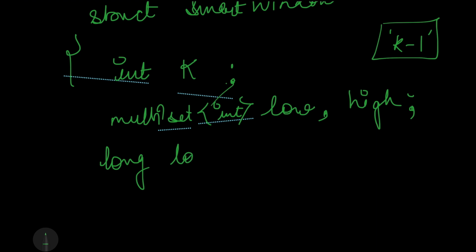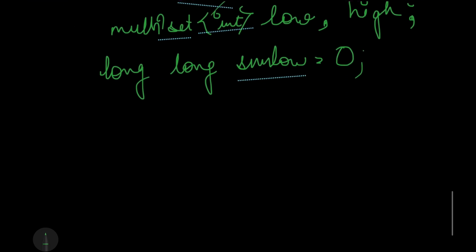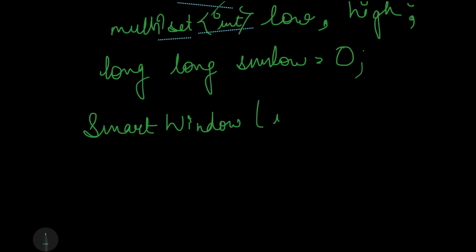and high will store the remaining elements. Then we'll define the sum of low elements. Then we can have a constructor which will initialize our k smallest elements.